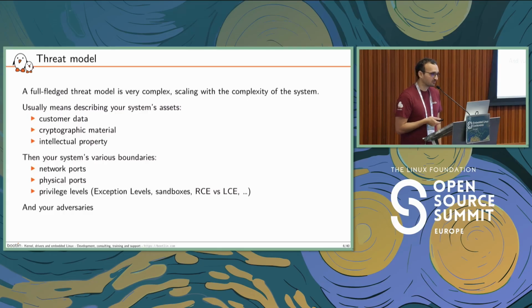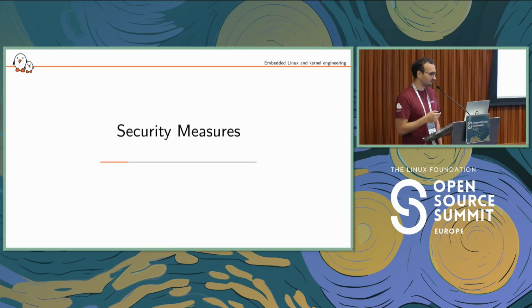It's going to be a very different story if you expect a 12-year-old or a 15-year-old who's bored and studying computer science to take a shot at your system and try and look inside, or if you're expecting, I don't know, government agencies to be looking at it. And that's going to warrant very different levels of scrutiny and security measures.